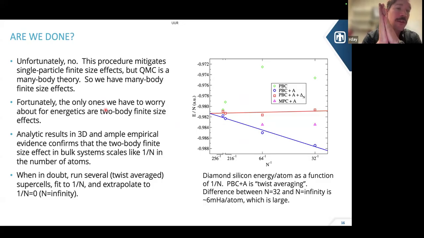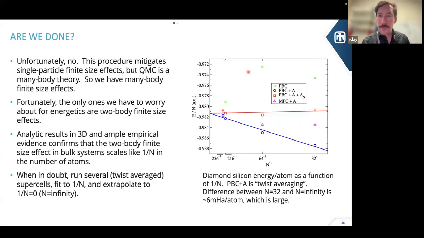Analytic results in 3D and plenty of empirical evidence confirm that this two-body finite size effect scales like 1 over the number of atoms, or 1 over the system size. What I'm showing you here is an example of diamond silicon.